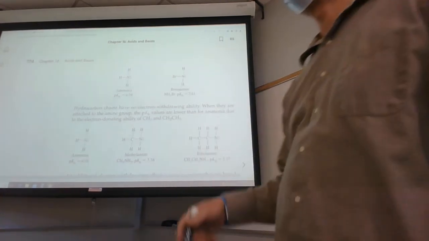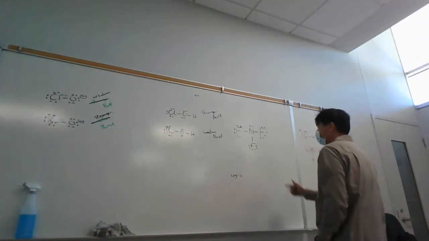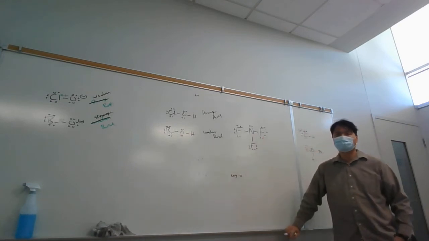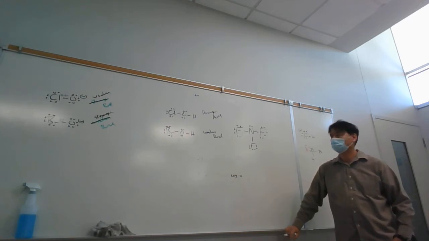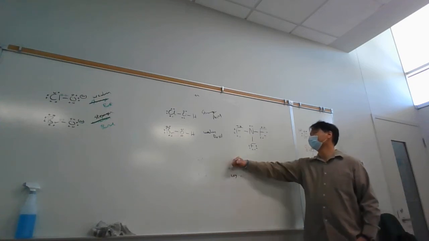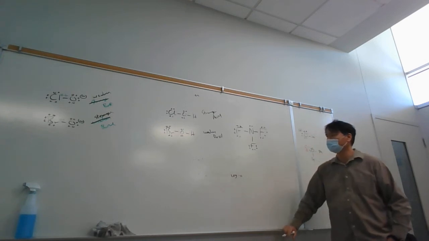We might call it chloramine if we have one chlorine on there. But this is not trifluoroamine, this is nitrogen trifluoride. And is nitrogen trifluoride a very good base? No, not at all. This is not basic at all. The pKb for this is very, very big, which means the Kb for this is very, very small.